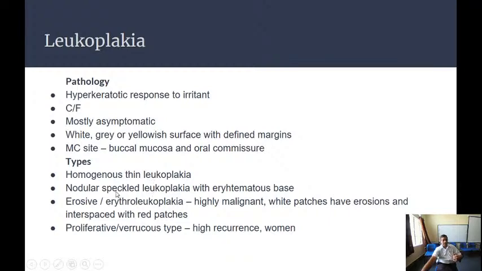The incidence of malignancy in speckled leukoplakia is much more than in plain leukoplakia. And there is another condition called erythroplakia, erythroleukoplakia, which has a high potential for malignant transformation. And the proliferative verrucous type has high recurrence.